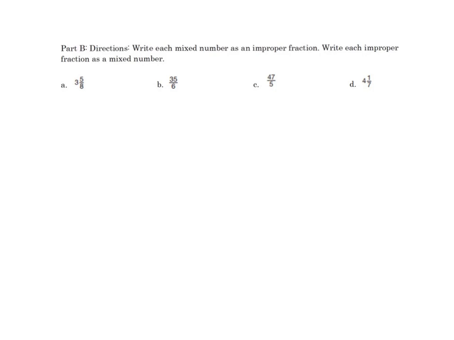Moving on to Part B. In this section, we are going to change mixed numbers to improper fractions and improper fractions to mixed numbers. So the first one is changing a mixed number to an improper. If you think about your mixed number, the 3 means I have 3 wholes, which, when out of 8ths, would mean I have 8 eighths plus 8 eighths plus 8 eighths, plus I have this 5 eighths.